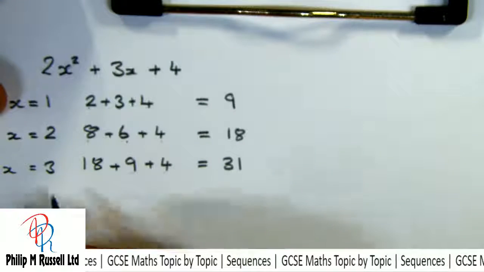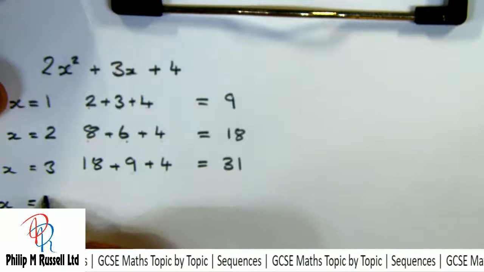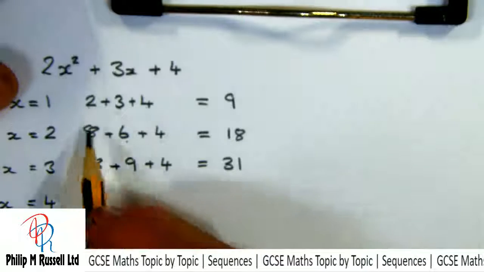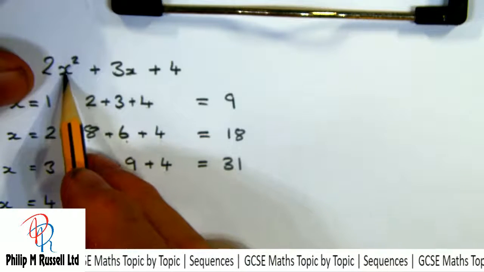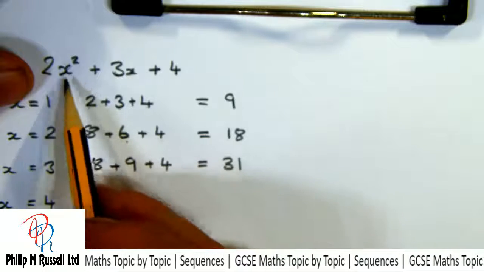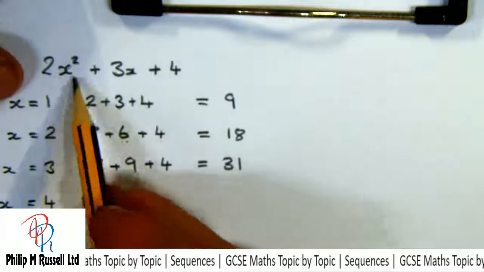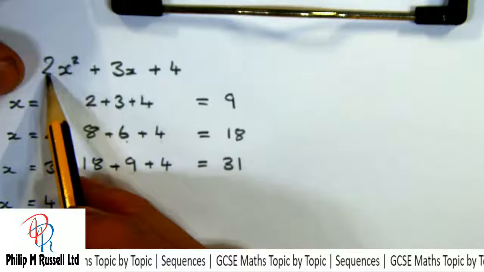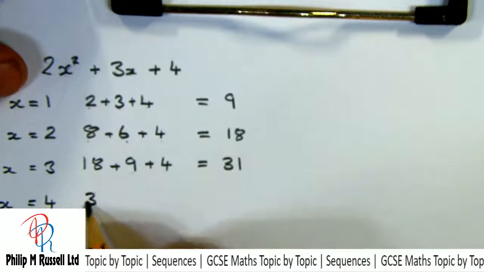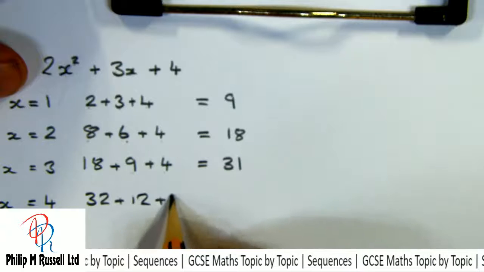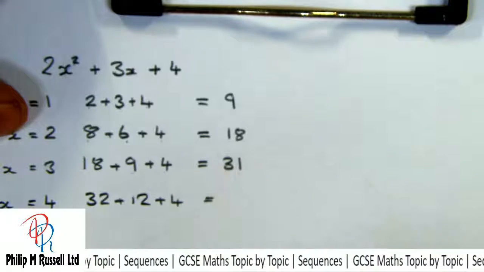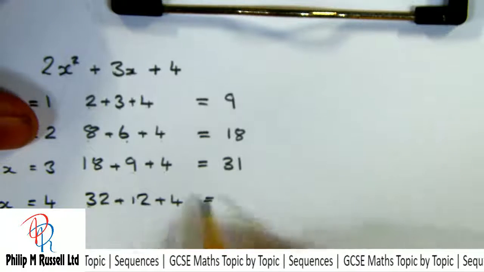And you can see that as we go along, we're starting to get worse sums to work out, because trying to generate this one is starting to get nasty. We've got 4 squared is 16, 2 16's are 32, plus 4 3's are 12, plus 4. So we've got 44, 48.